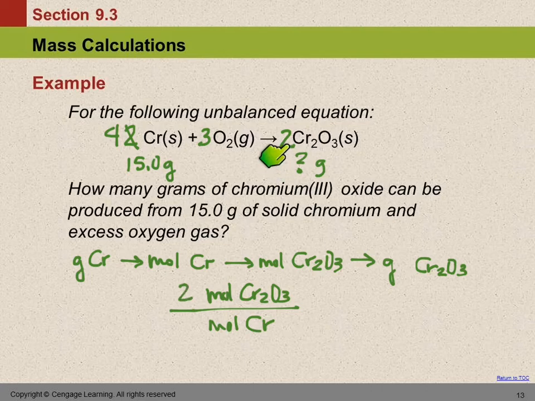Because 2 moles of this are produced from 4 moles of chromium. So I would have a 4 down there. And that's going to be my middle term, converting from moles of chromium to moles of chromium oxide.